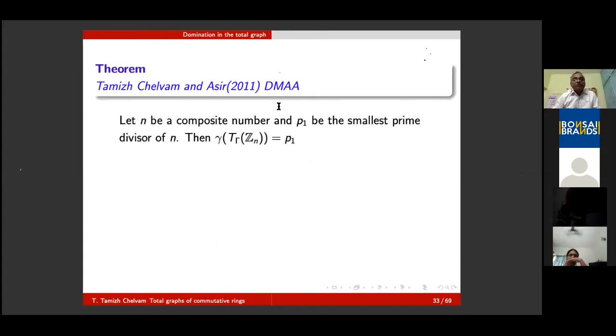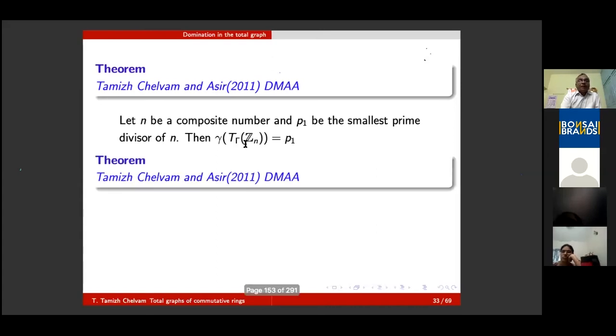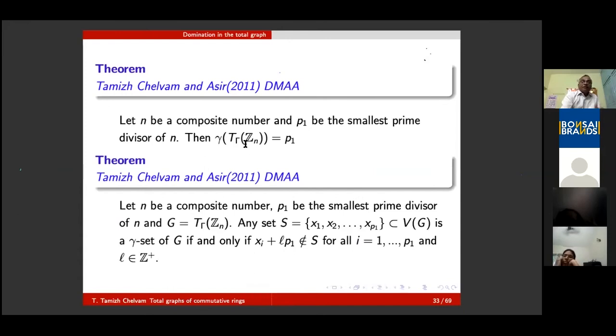If n is a composite number and p1 is the smallest prime divisor of n, then the domination number of T gamma of Zn is p1. And not only have we obtained the domination number, we have obtained all gamma sets, as in the case of the zero divisor graph. Let n be a composite number, let p1 be the smallest prime divisor of n, and G equal to T gamma of Zn.